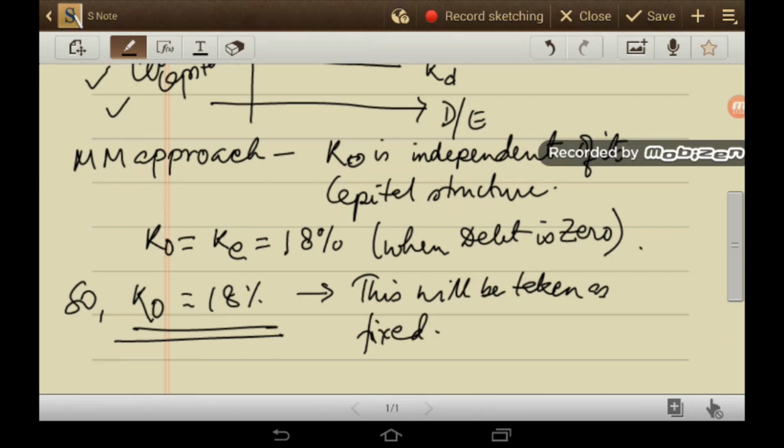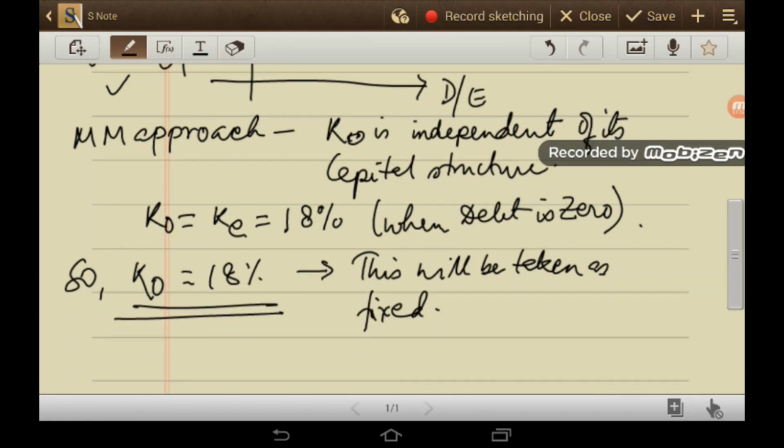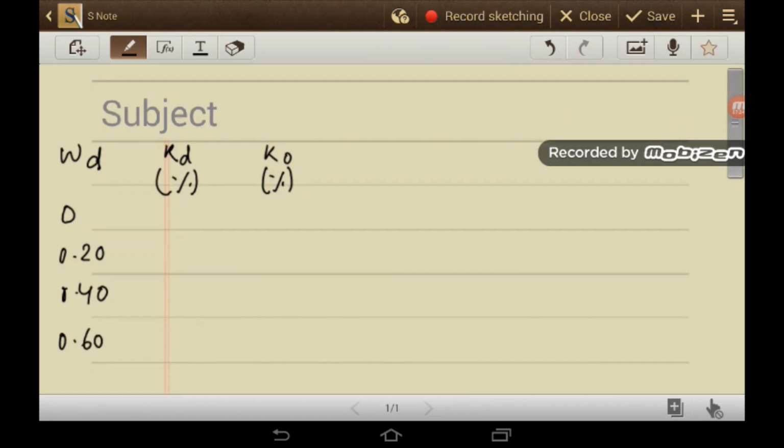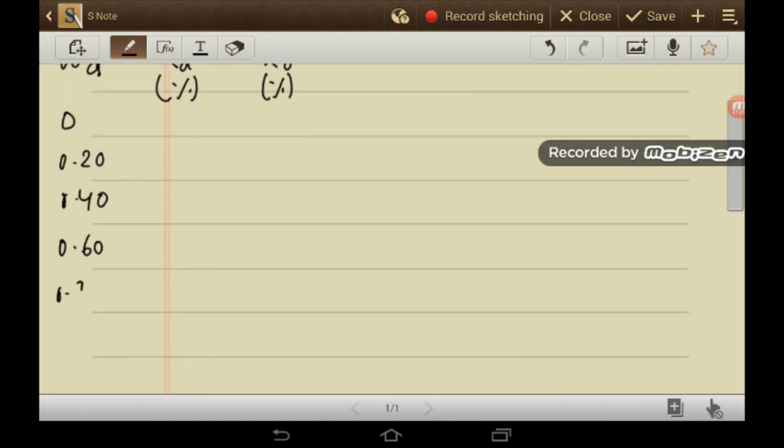And with the increase in debt in the capital structure, cost of equity will increase. So we will find out what will be the cost of equity at a different level of debt. So your weight of debt is given as 0, then 0.2 or 20%, then 0.4 or 40%, 0.60, 0.80 and 0.90.